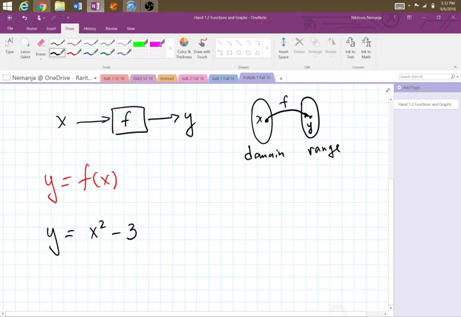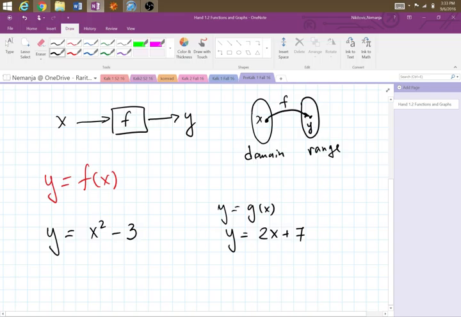Now, just on the side, I'm going to say y equals g of x, and I'm going to have y equals, I don't know, 2x plus 7. So if I want to introduce another function, well, I just changed the name because f was taken by this one. If I have multiple functions in the same problem, which will happen frequently, we are going to assign different letters to the different functions.